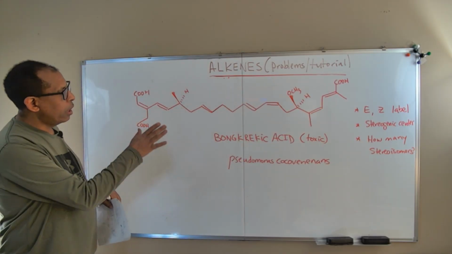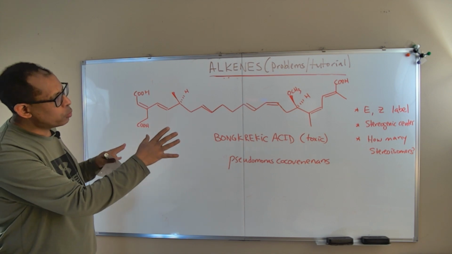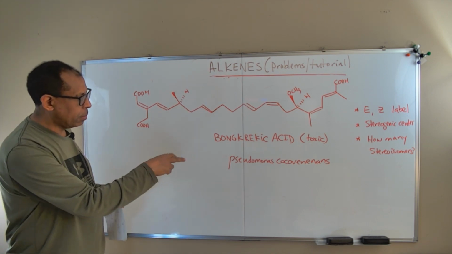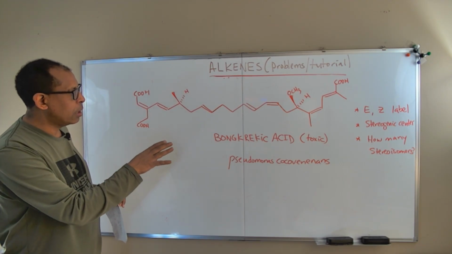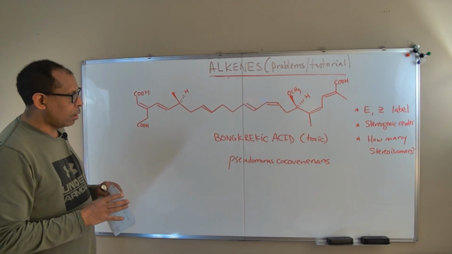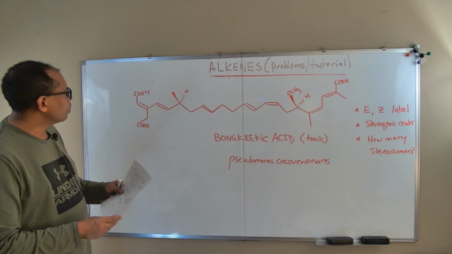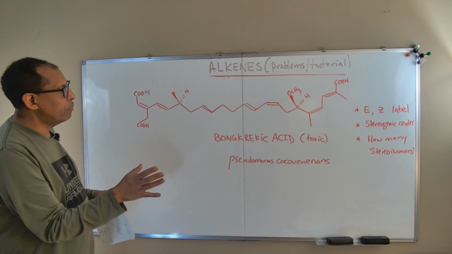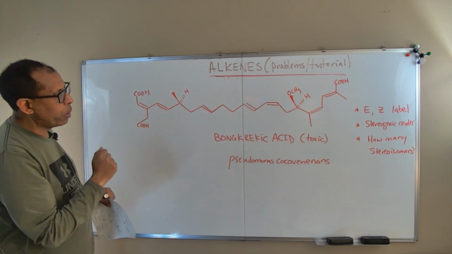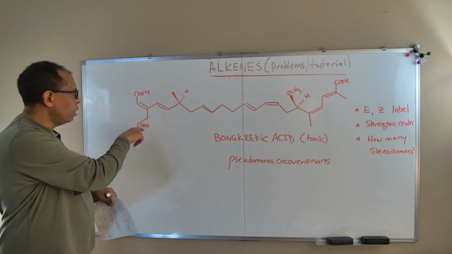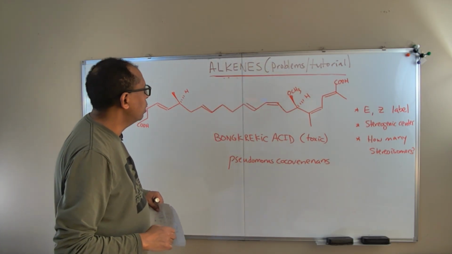Okay, here we have an interesting, very big natural product isolated from mold. It's very toxic. It's called Bongkrekic acid. It's isolated from a mold. And now the question for this is, as you see, it has alkenes, double bonds everywhere, and also it's a triacid compound.